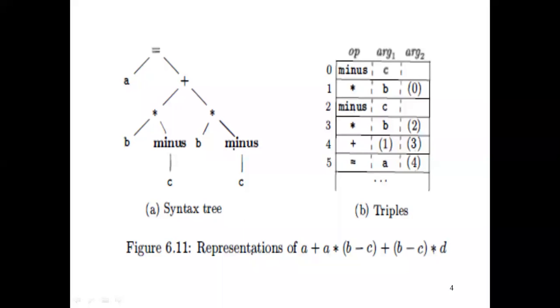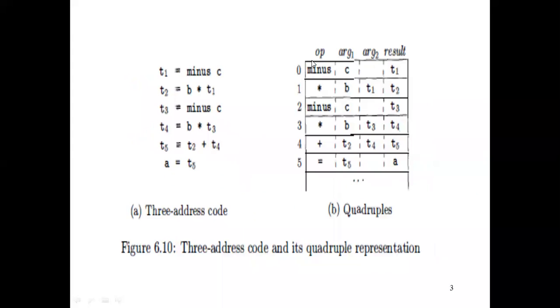There are only 3 columns, operator, argument 1, argument 2. But in case of the preceding one, the quadruples, you are using 4 items: operator symbol, argument 1, argument 2, result.